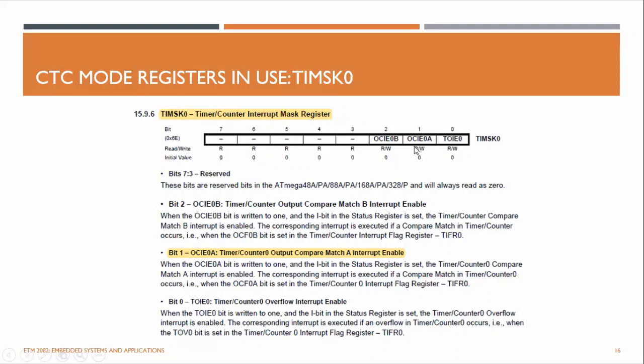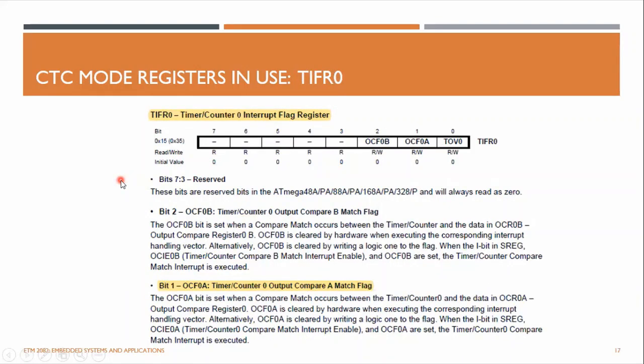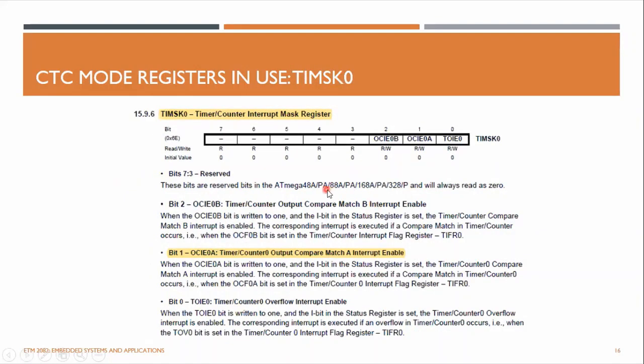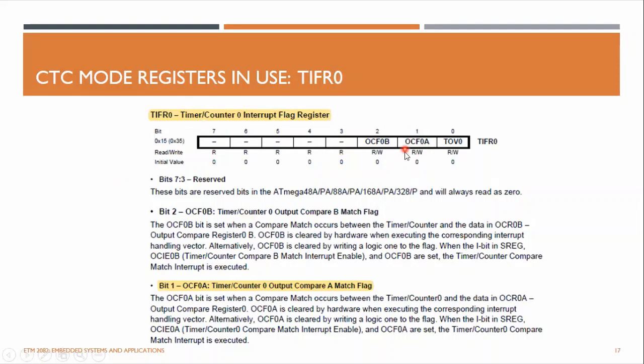Instead, you are enabling the timer counter 0 output compare match interrupt enable, OCIE0A, right? Not the overflow, in TIMSK0, to generate interrupts at each compare match. And when the compare match happens, it will set this flag of the TIFR0 register.